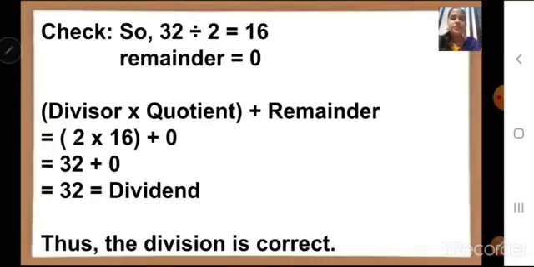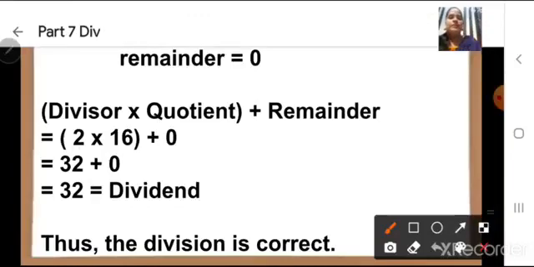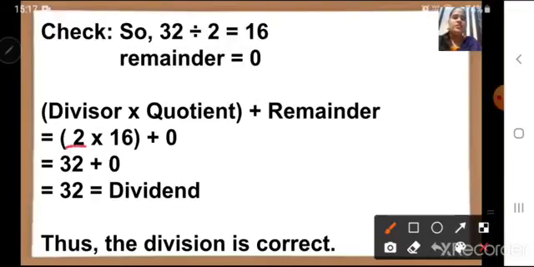Now substitute, children. Divisor is 2, quotient is equal to 16 and remainder is equal to 0. Right? Put the brackets also. First we have to multiply 2 into 16. So let us multiply here. Children, please draw a rough column.